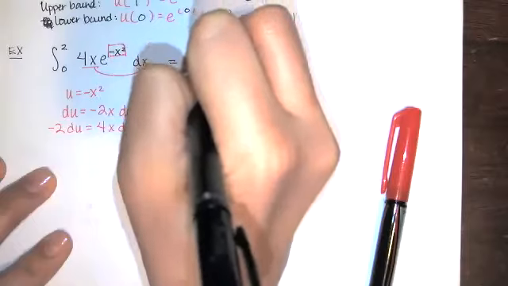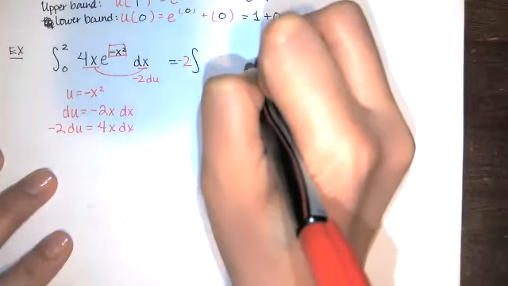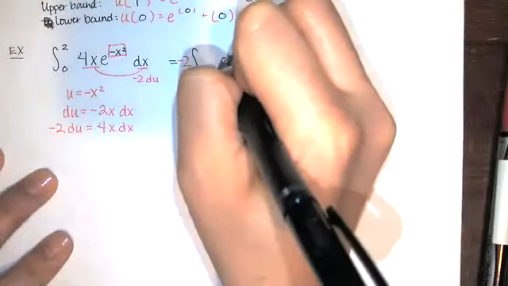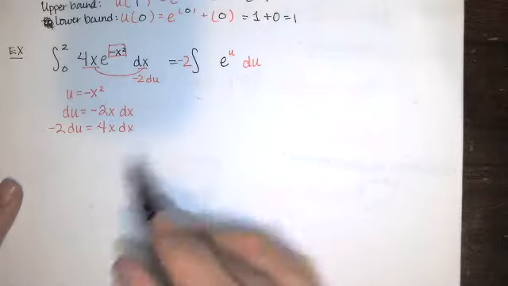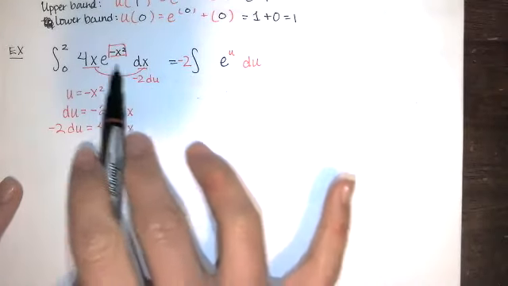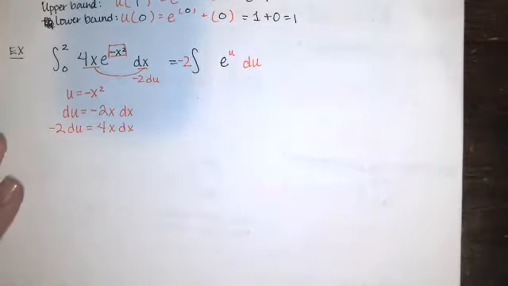So we've got the integral of this. 4x dx is negative 2 times du. This is e raised to the u power. That's great. So we've substituted everything. That has been replaced by negative 2 du. That has been replaced by e to the u. The only thing we need is bounds.